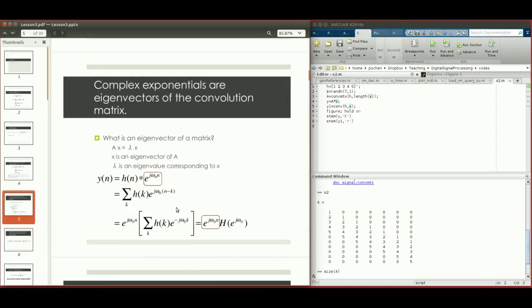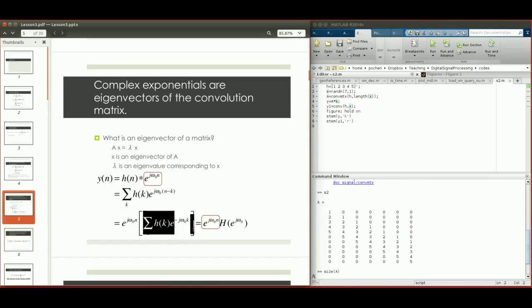Do you see the operation here? There are some algebraic manipulations, but it's not really that difficult. I'm just extracting e to the j omega 0 n outside of the summation over k.